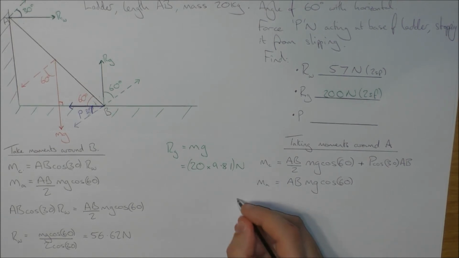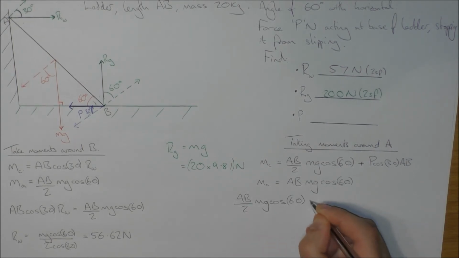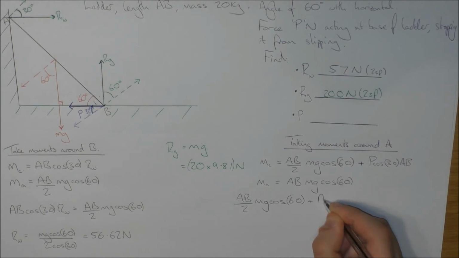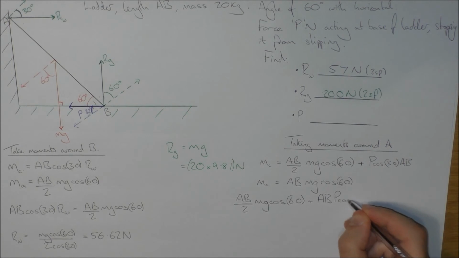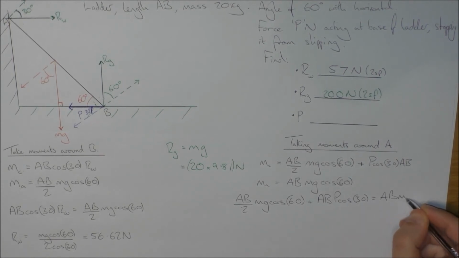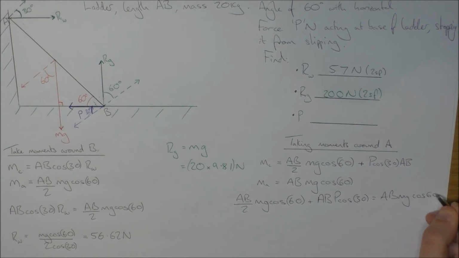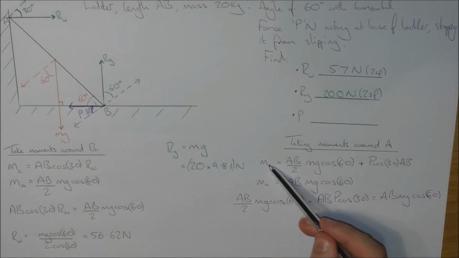So I can write AB over 2 mg cos 60 plus AB p cos 30 is going to equal AB mg cos 60. So that's just writing all of that out, substituting in for the fact that the clockwise moments are equal to the anti-clockwise moments.